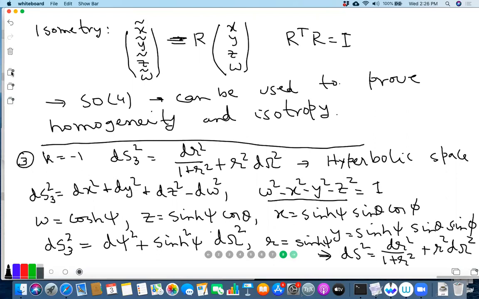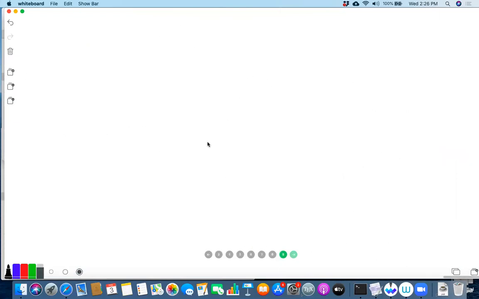So here, let me give the isometric transformation.